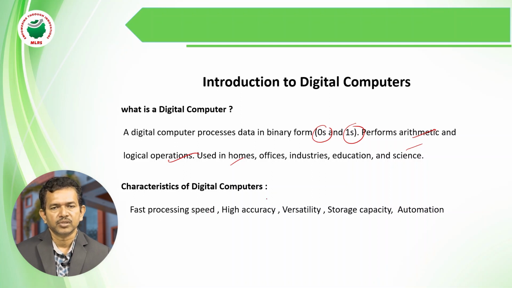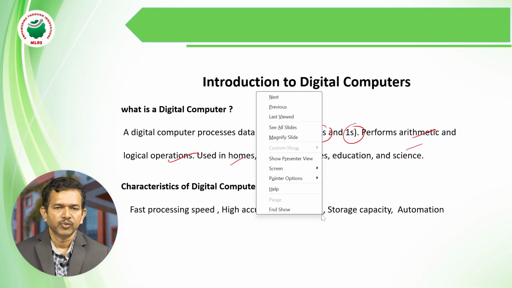The speed of the processing will be increased, the accuracy will be high, and it is versatile. Whenever we execute an instruction using a digital computer, the processing speed is very high and the accuracy is also more. Next we will see the accuracy, the storage, and the automation of the processing of the data.